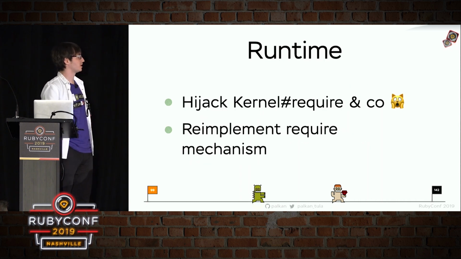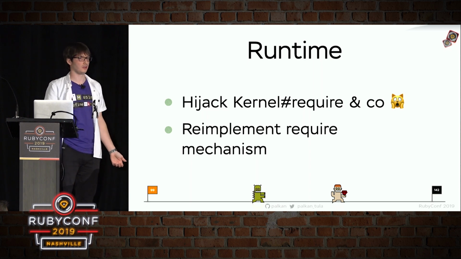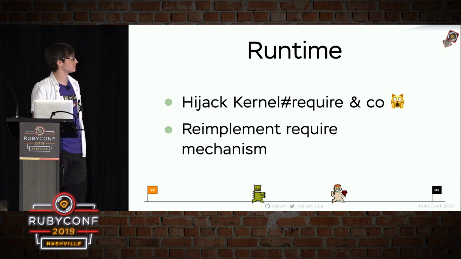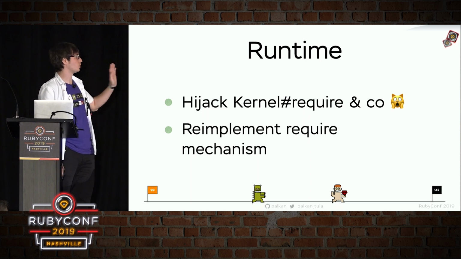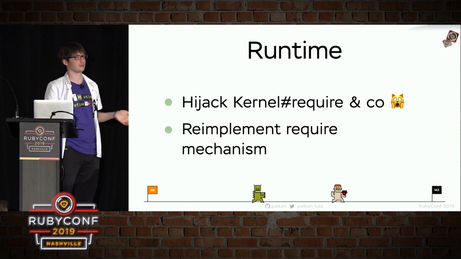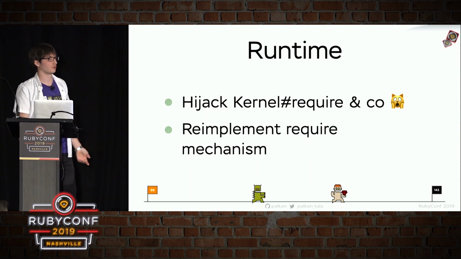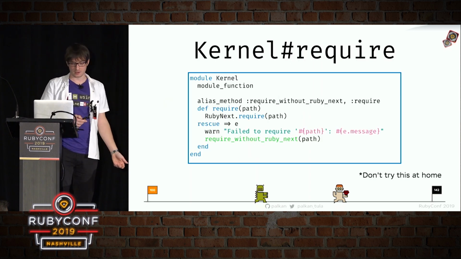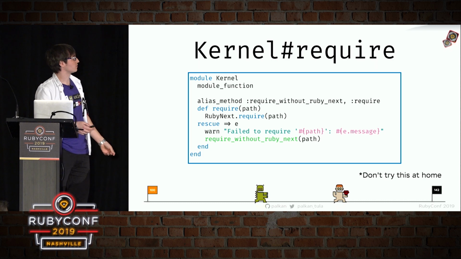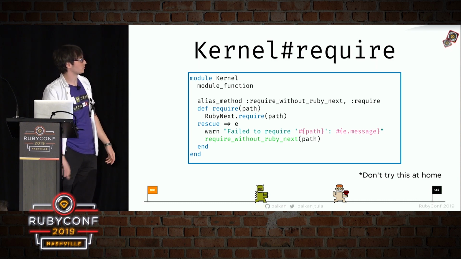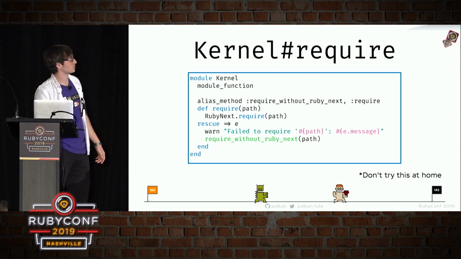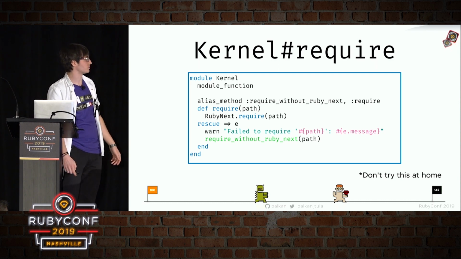So runtime is one huge hack around all the ways Ruby loads and evaluates code. So hijack Kernel require and just re-implement it yourself. That's the only way we can transpile source code at runtime. This is just overriding Kernel require with a fallback to the original one if we failed for some reason to load the code.